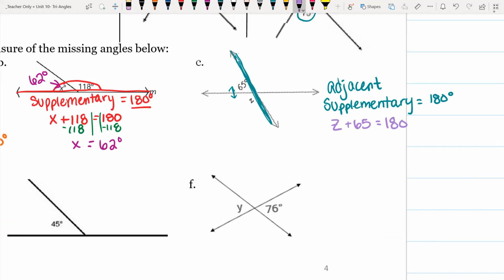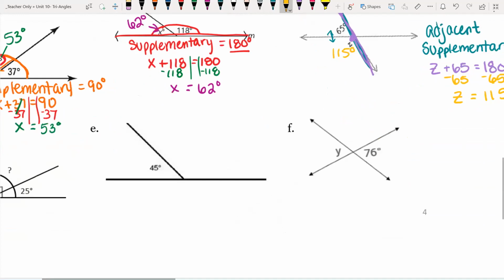And again, that's because they're right next to each other, they share a vertex, and they make a straight line. And straight lines add up to 180 degrees. So now we solve this by subtracting 65 on both sides. And we get z equals what? What's 180 minus 65? Well, that's 115 degrees. So this z is 115 degrees.